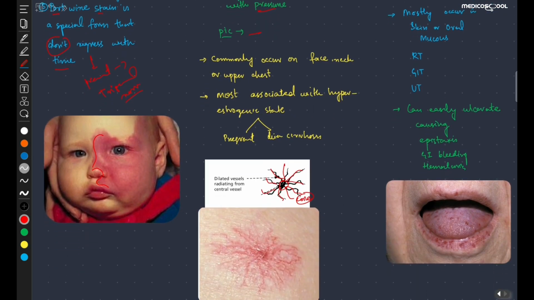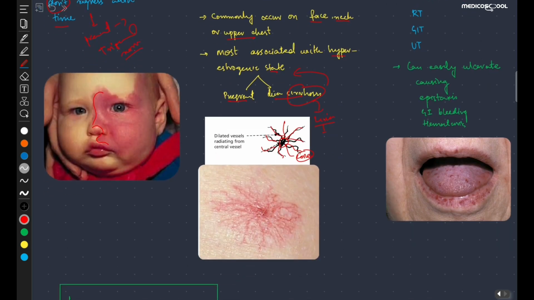They are mostly present on the face, neck and upper chest, and they are most associated with the hyperestrogenic state, like what occurs in pregnant women or in liver cirrhosis. In liver cirrhosis, the liver is not functioning properly, and estrogen is mostly metabolized in the liver, so it can lead to a hyperestrogenic state.